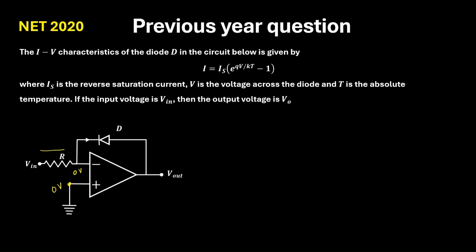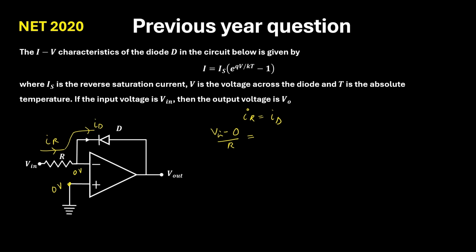Suppose IR is the current flowing through the resistor R, and let's say ID is the current flowing through the diode. So IR will be equal to ID, and IR is given by (V input minus 0) by R. This will be equal to the current flowing through the diode.